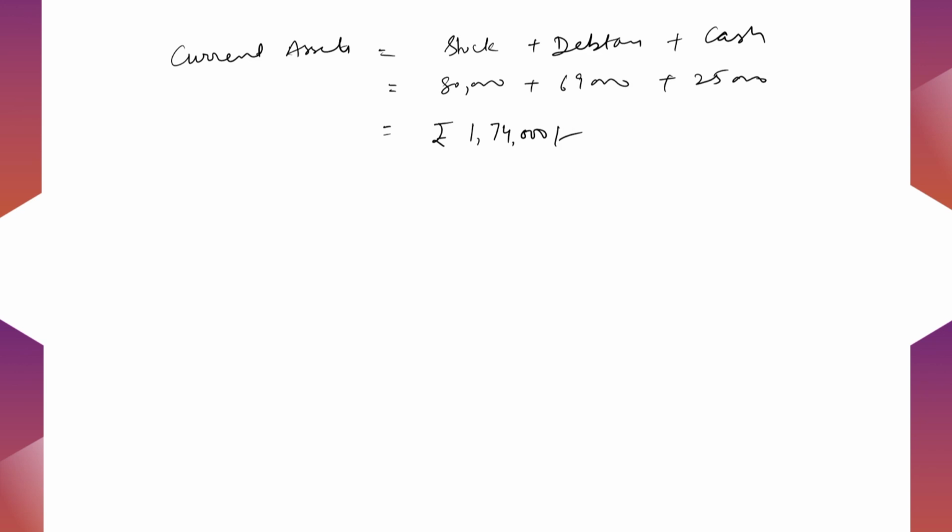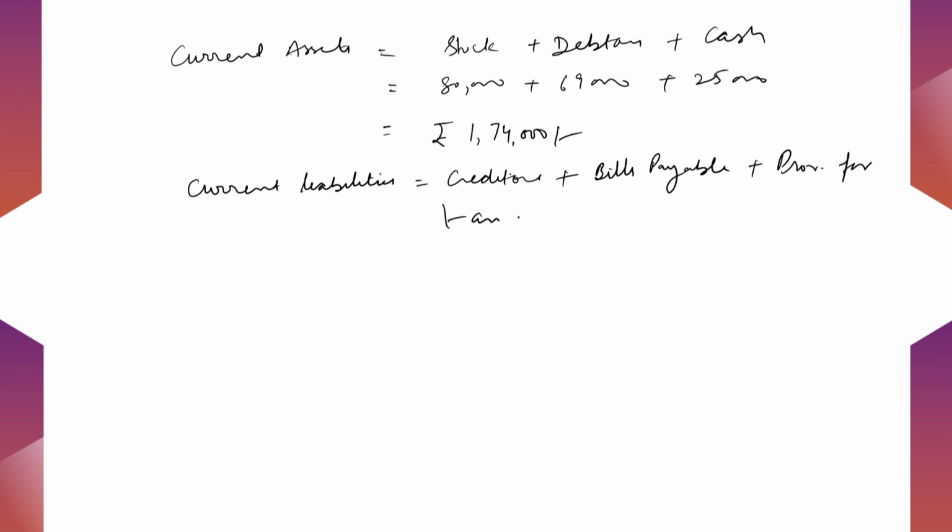Out of these current assets, we have to deal with our current liabilities. Our current liabilities in the question are made of creditors as given in the question, plus bills payable, plus provision for taxes, plus outstanding expenses, and bank overdraft.